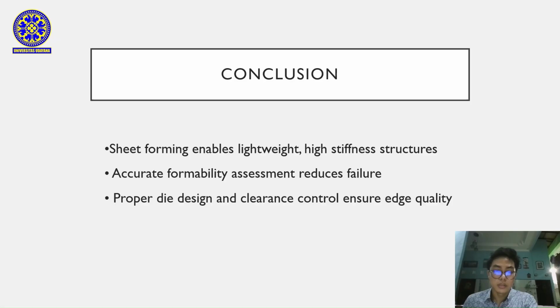In summary, sheet metal forming delivers lightweight, stiff, and geometrically diverse structures. Process success depends on formability assessment, controlled tooling condition, appropriate lubrication, and carefully balanced blank holder forces. Equipment selection and the operational economics dictate overall sustainability of the manufacturing route.